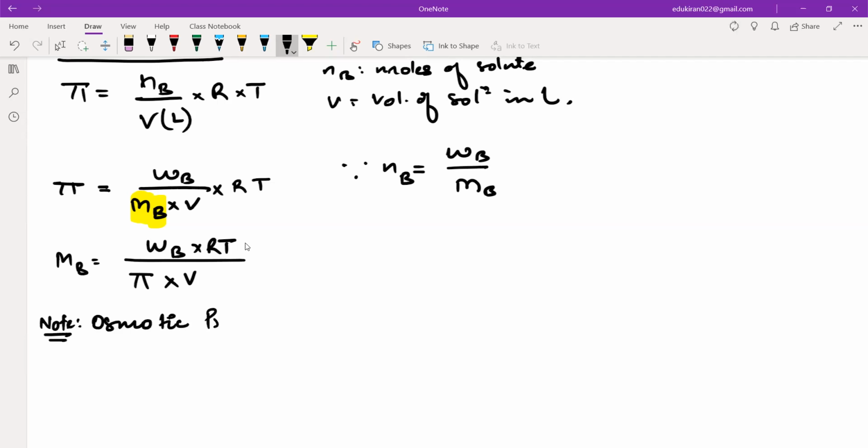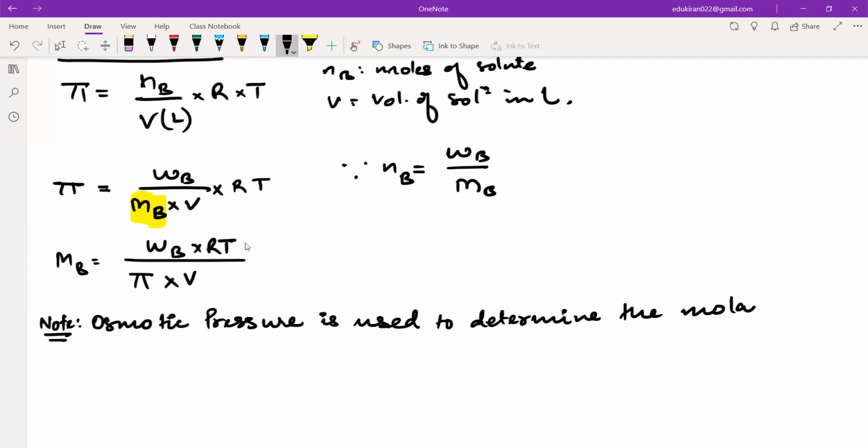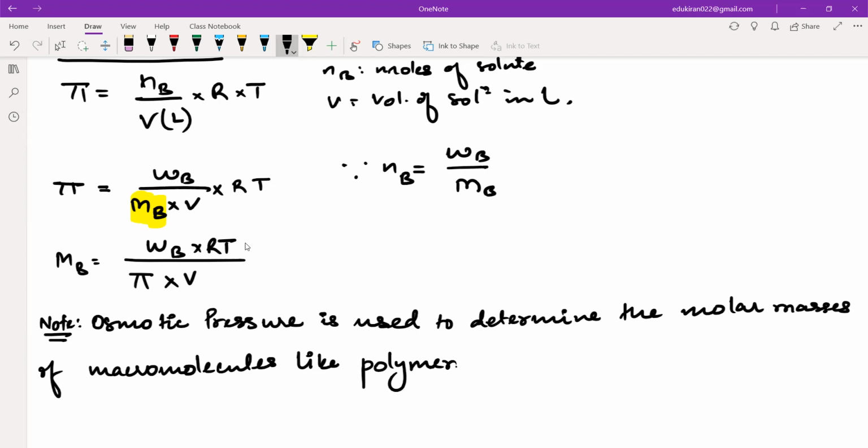Osmotic pressure is used to determine the molar masses of macromolecules like polymers and proteins.